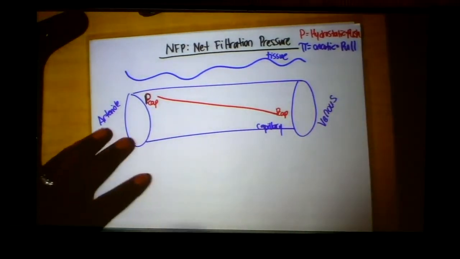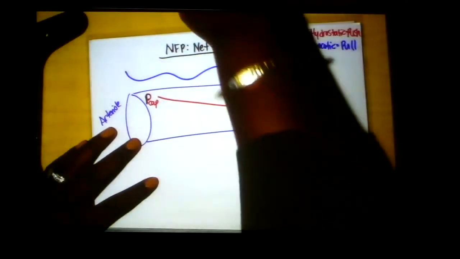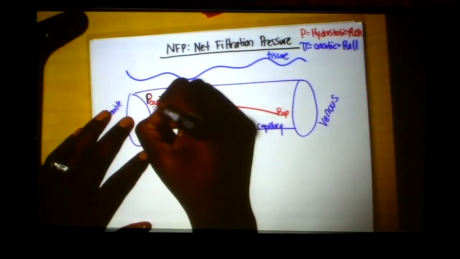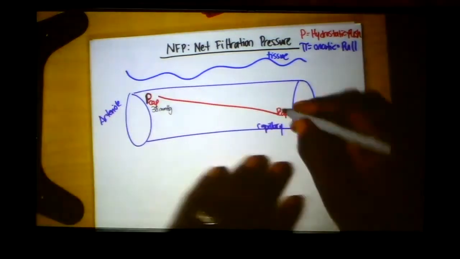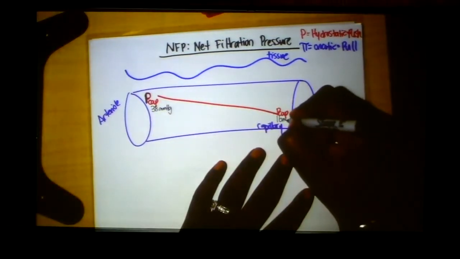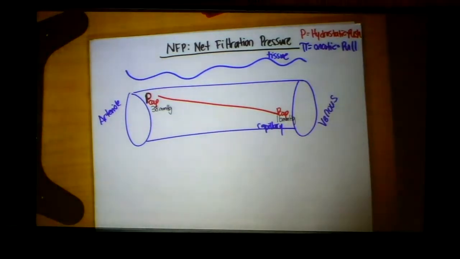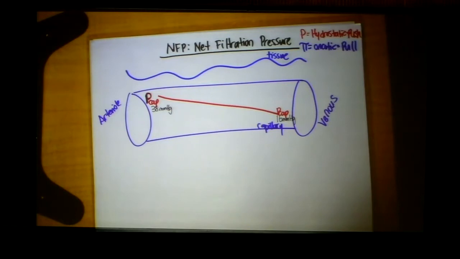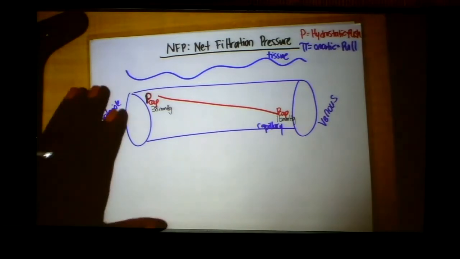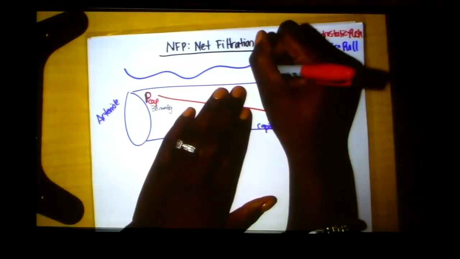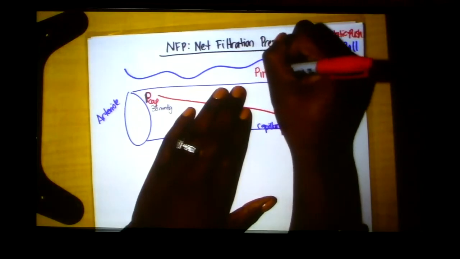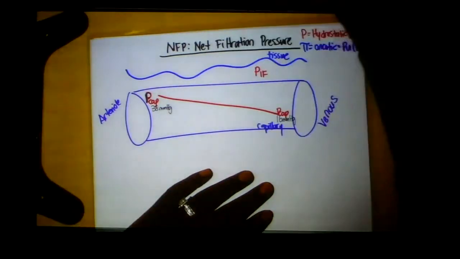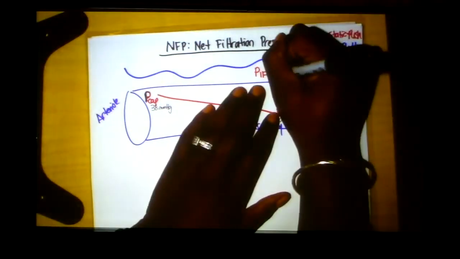It's about 38 millimeters of mercury here, and by the time we get down here, it is 16 millimeters of mercury. We also know that there's a second hydrostatic force, the interstitial fluid hydrostatic force, which is usually about 1 millimeter of mercury.